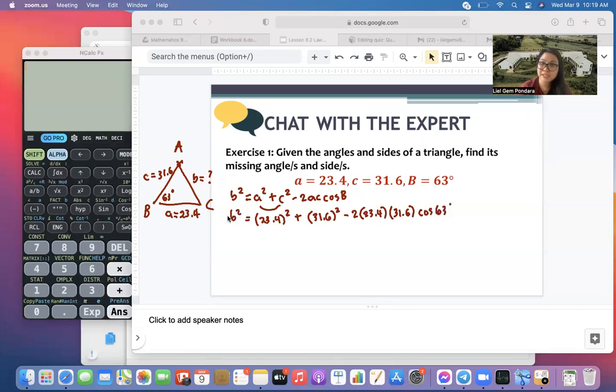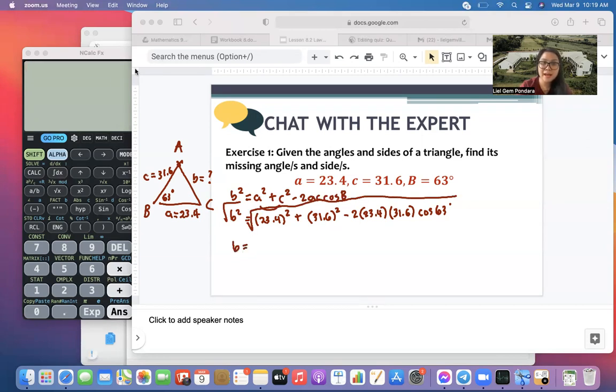Remember, we still have B squared on one side. To get rid of the square, you take the square root of one side and the square root of the other side, so we'll just have B in the end.